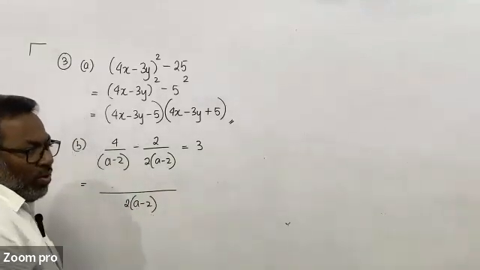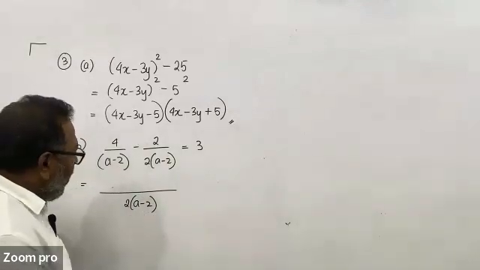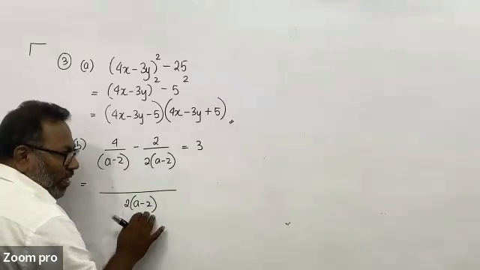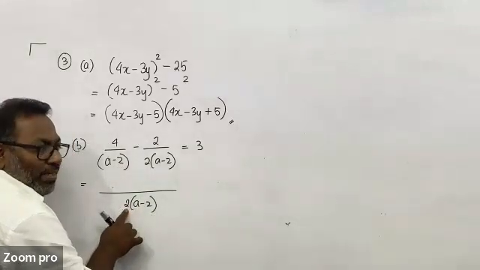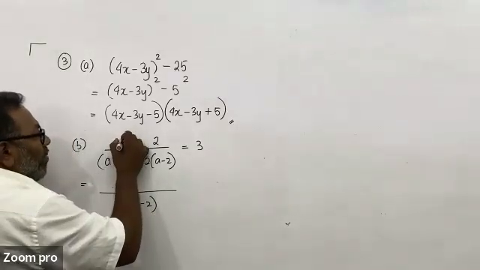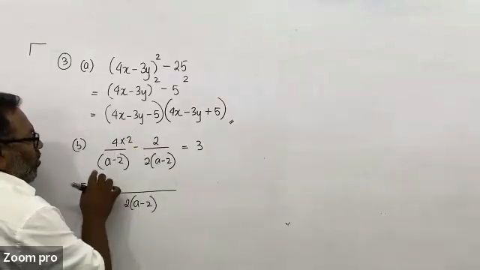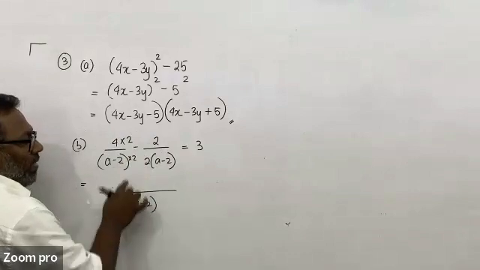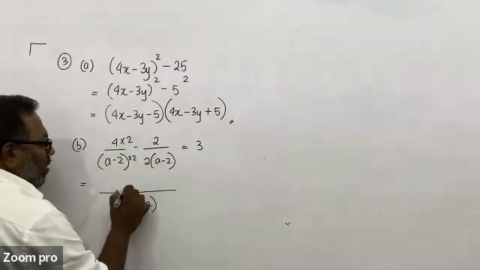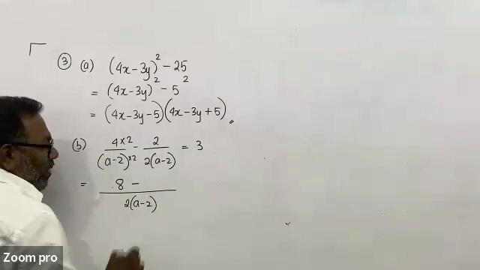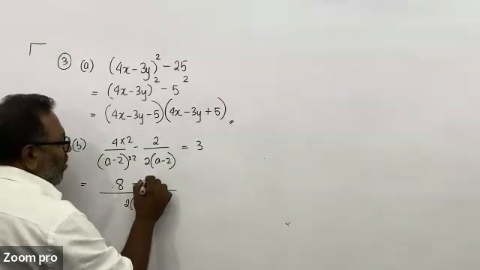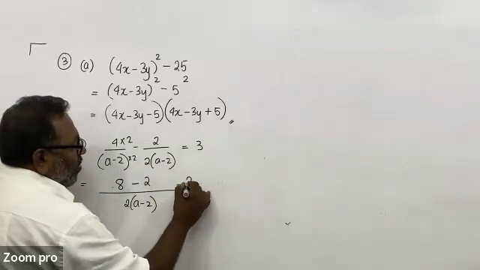Okay, so on this side of your fraction, you already have A minus 2. The only thing missing is the 2, so you multiply by 2 here. So 2 multiplied by 2 here, and multiplied by 2 here, you get 8 minus this side of the fraction. Everything is there, so it is equal to 3.